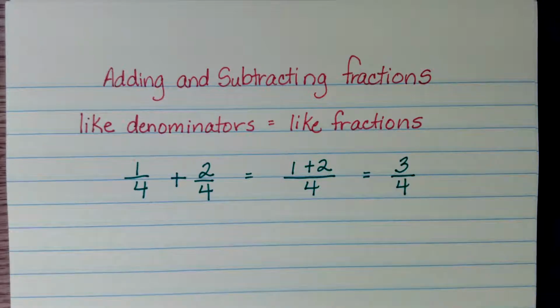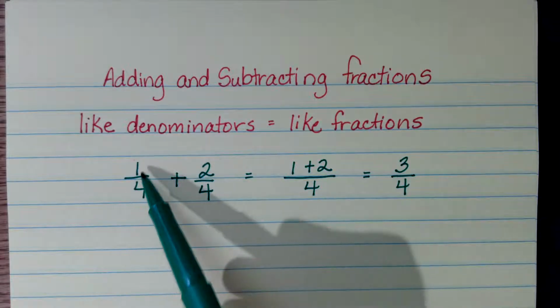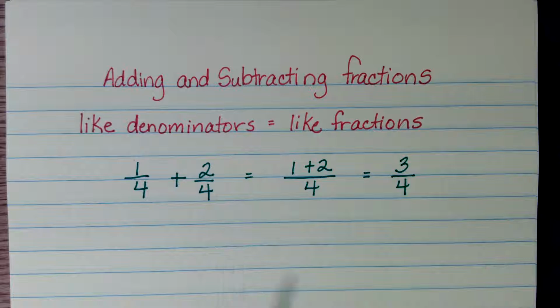It's kind of like saying I have a basket full of oranges. If I add 1 orange and 2 oranges, I'm going to get 3 oranges. See that? 1/4 plus 2/4 equals 3/4. If they're the same, we can add them together, no problem.